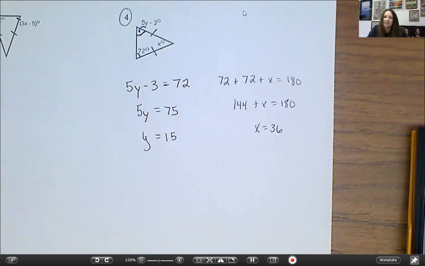All right, so just a couple key reminders. The three angles of a triangle always have to give us a sum of 180 degrees. Immediately look at your diagram before you start solving and think about what type of triangle you have and how many acute angles you have, or do you have a right or an obtuse angle in your diagram?